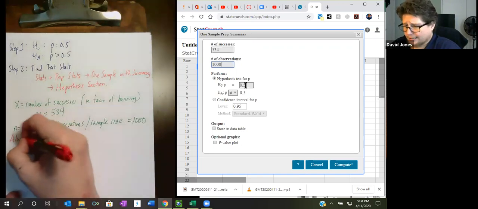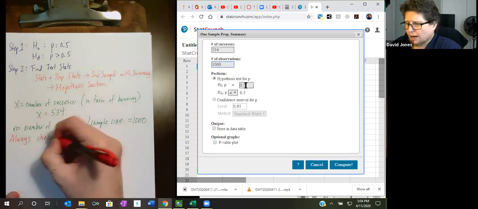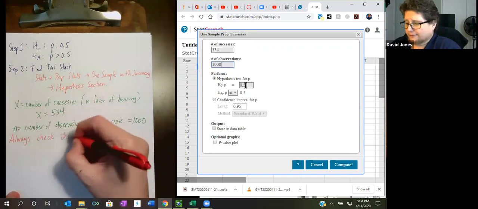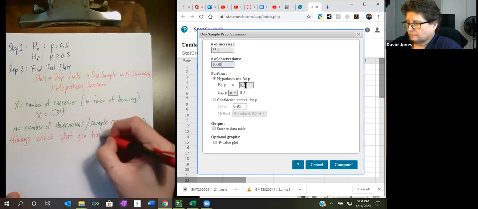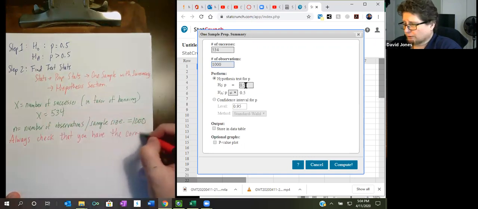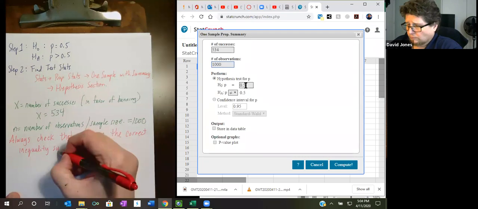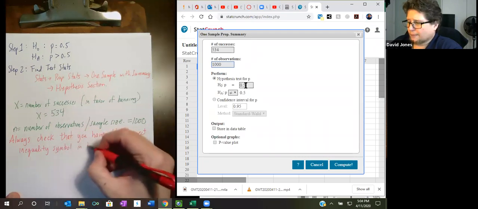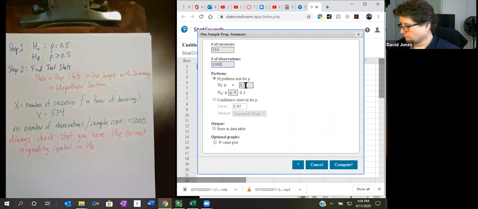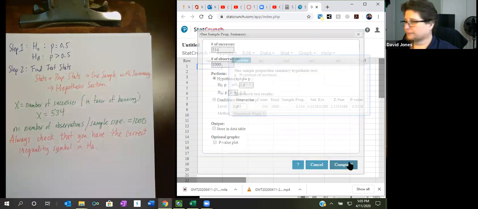Always, always, always check that you have the correct inequality symbol in the alternate hypothesis. We have HA: p is greater than 0.5. That's what I'm going to put here. That's all I need: successes, observations, the proportion, and what HA is. Compute.